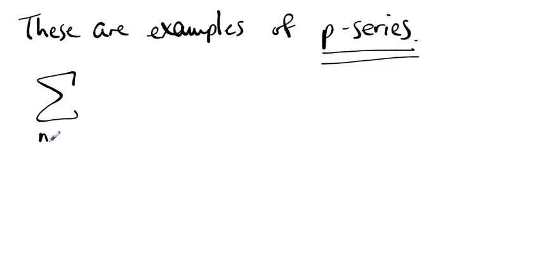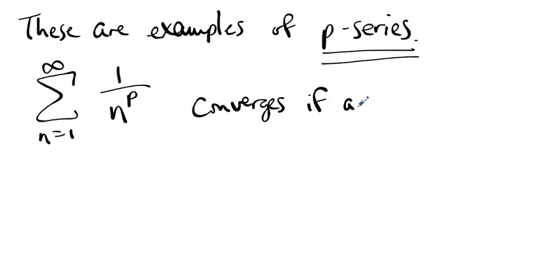These are examples of p-series. They are series of the form 1 over n to the p. These series converge if and only if p is bigger than 1. We handled the case where p is 1.